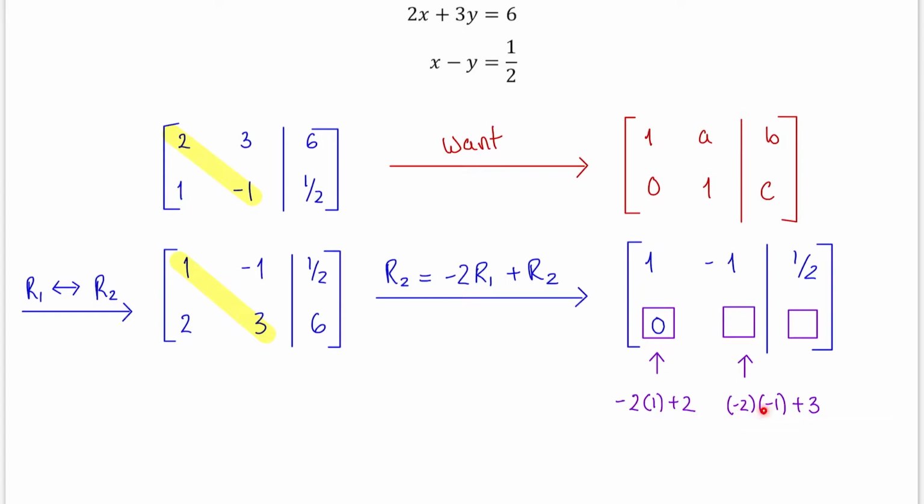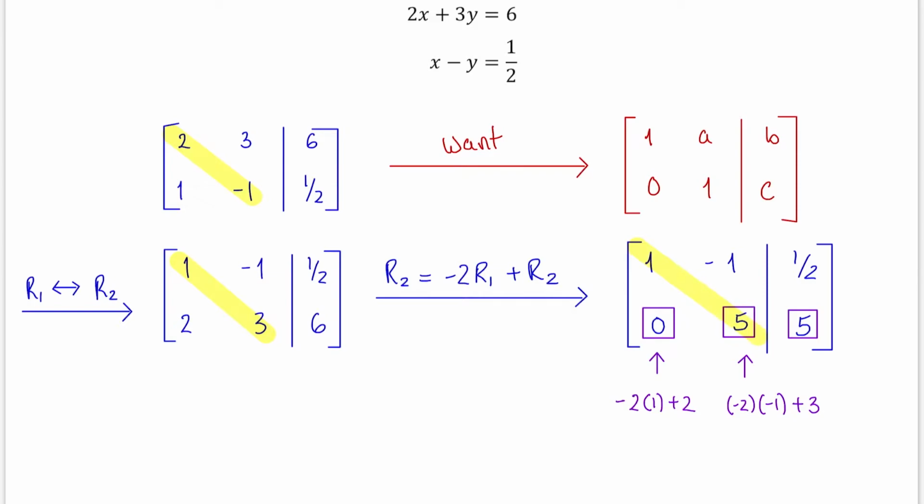Negative 2 times negative 1 is 2, plus 3 is 5. So this element is 5. For the third element, 1/2 times negative 2 plus 6. 1/2 times negative 2 is negative 1, plus 6 is 5. So now my new matrix is 1, negative 1, 1/2, 0, 5, 5.